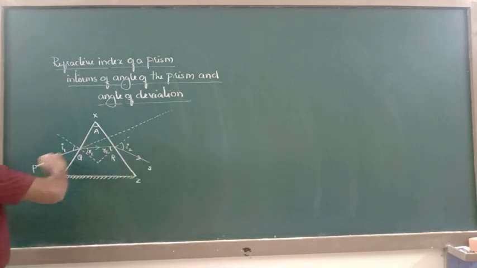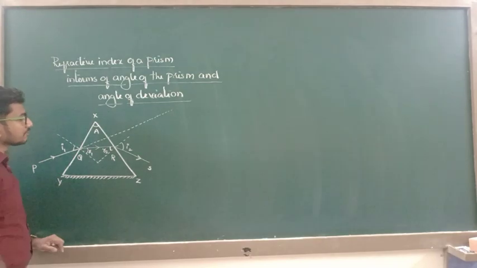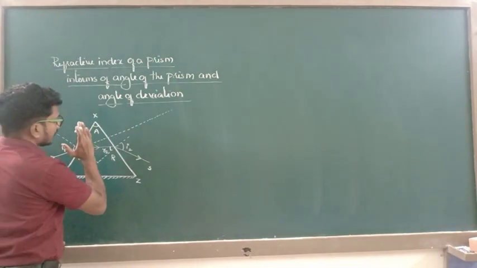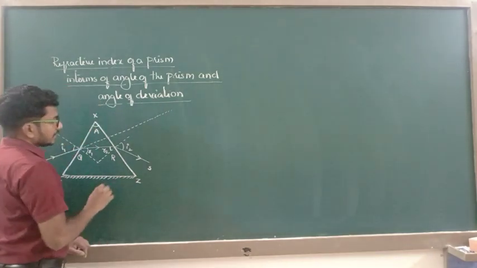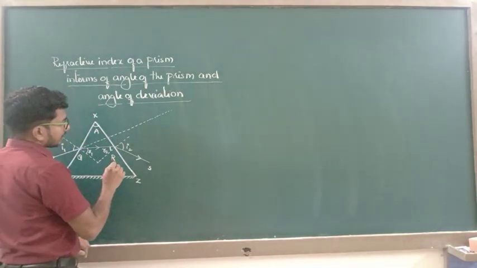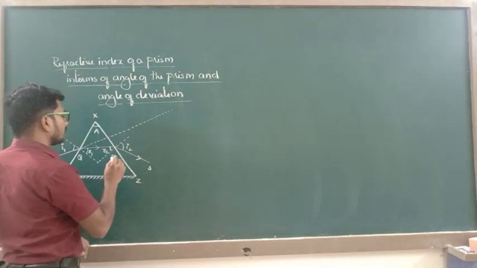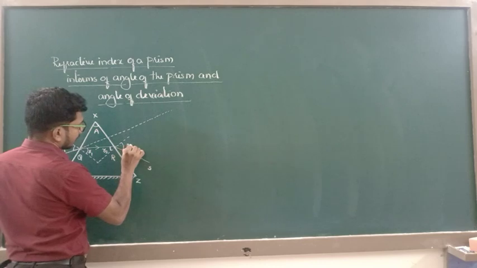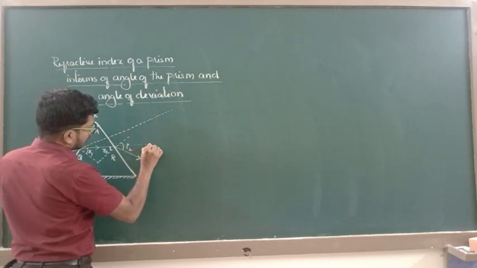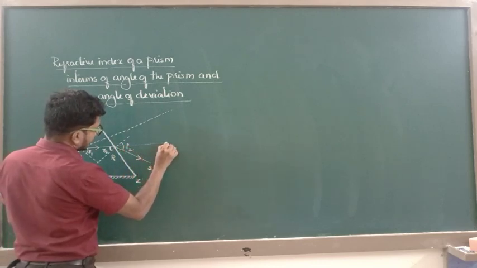So this is the actual path of the incident light ray in the absence of a prism. Now from denser to rarer, this is the actual path of incident light ray.